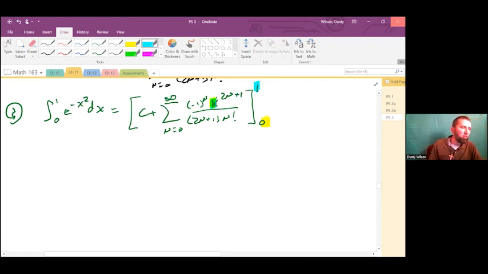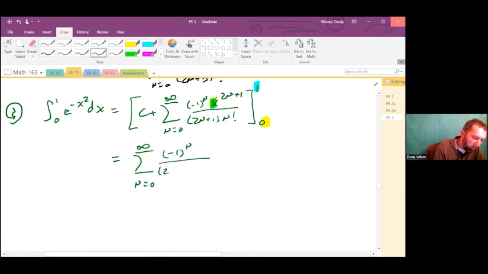And 1 to the 2n plus 1 would just be 1. So this whole thing is going to just simply equal the sum from n equals 0 to infinity of negative 1 to the n times 1 divided by 2n plus 1 times n factorial.